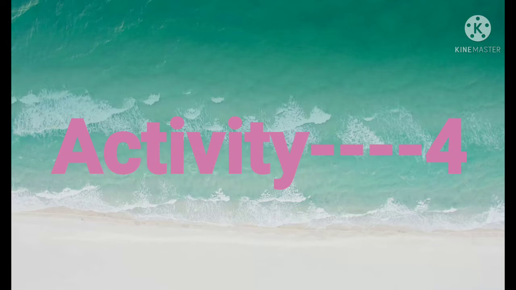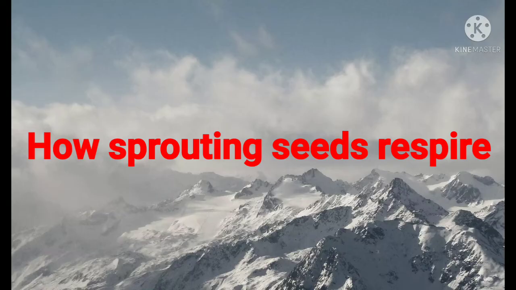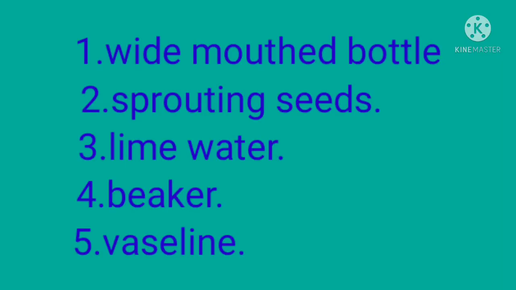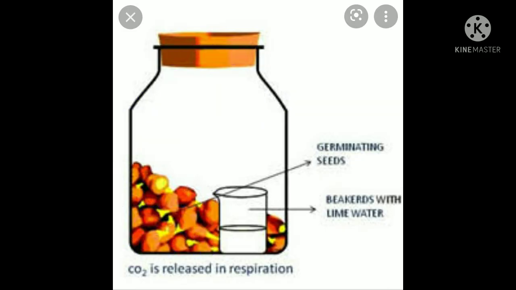Students, let us do activity 4. How sprouting seeds respire. To do this activity, we need some materials. The materials are a wide-mouthed bottle, sprouting seeds, lime water, a beaker and vaseline.